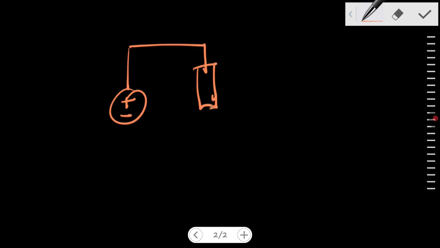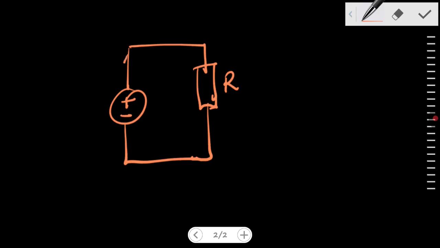Consider that we have a circuit of this kind, where we have a voltage source and a resistor R connected, and this point connected to this. Now, current flows from positive to negative, which we consider as potential drop.